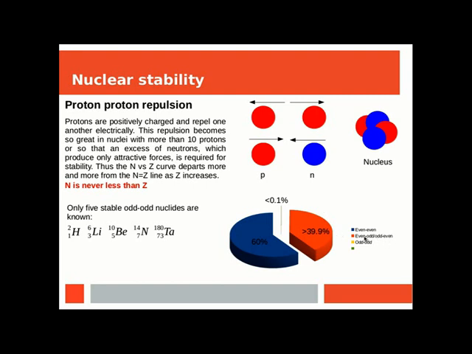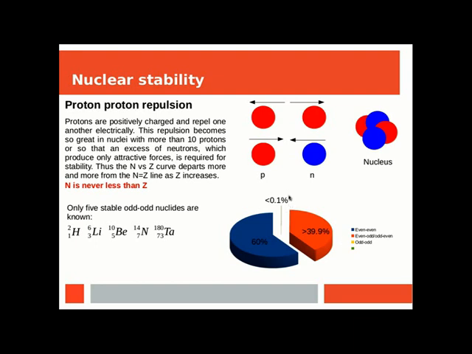That means either the protons are of even number and neutrons are of odd number, or the protons are of odd number and neutrons are of even number. The fraction of these types of nuclei is a little less than 40%. And odd-odd type of nuclei are very rare.